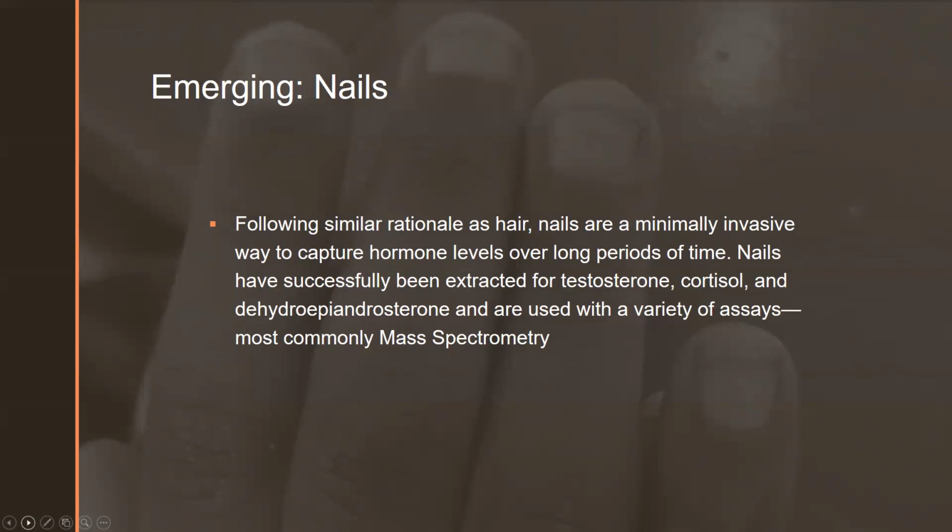Nails have been successfully extracted for testosterone, cortisol, and DHEA. They're used in a variety of assays, but most commonly we see them used with mass spectrometry. I am going to go back and look at this recording and laugh at myself for the way I pronounce that. So it is an emerging way to look at hormones.